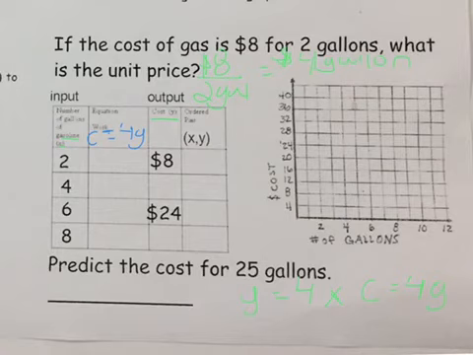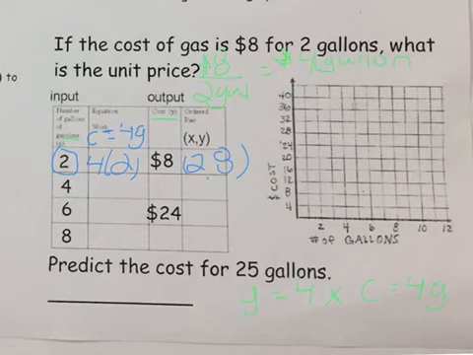The work is going to be, I have to take the 2, which is my gallons, and substitute it in for the G that's in your equation. So I'm going to take my unit rate of 4, and I'm going to multiply it by 2 to get 8. So my ordered pair is 2, which is my G, and my cost, which is C, which is 8.